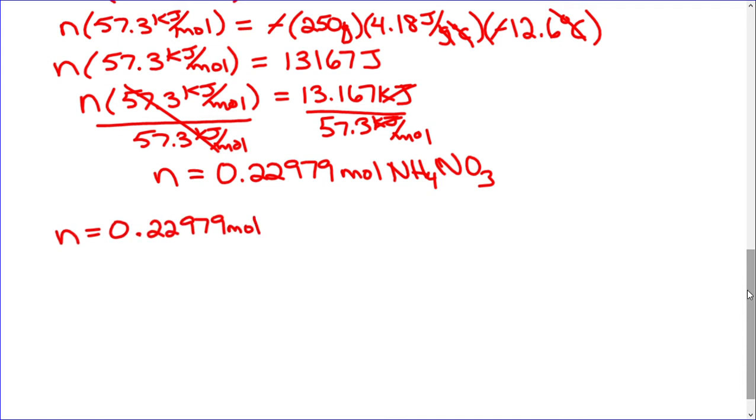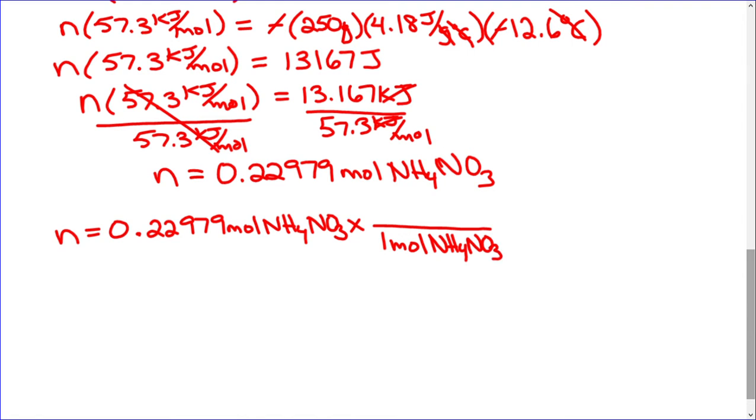0.22979 moles of NH4NO3. Multiply that by, and I need my molar mass. So for every 1 mole, and I'm going to have moles on the bottom here because I want to cancel it out, 1 mole of NH4NO3, and then I have the molar mass on the top.